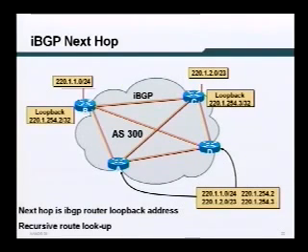For iBGP, let's take a closer look at how the next hop works. If you inject a prefix into BGP inside your own network, say it could be from a customer, you want to put it into your iBGP because you're going to announce it somewhere else, possibly.